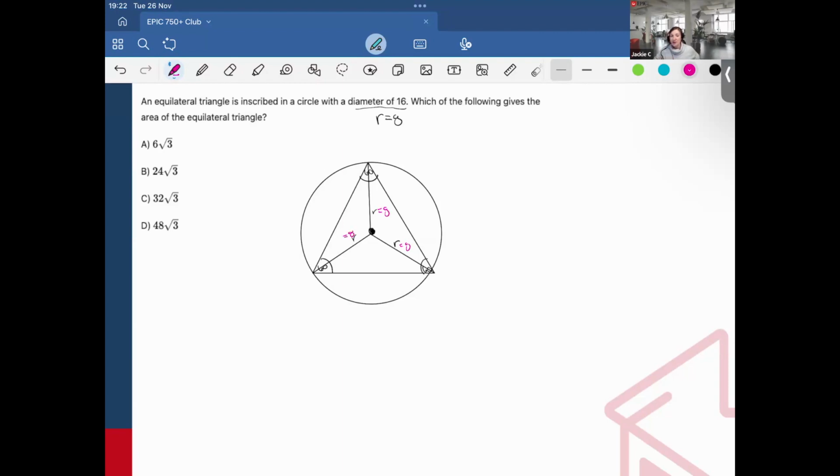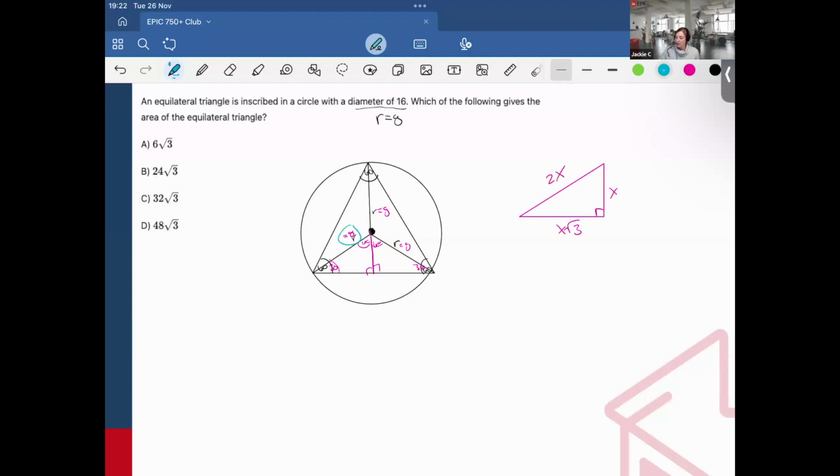Okay, and then another amazing thing to know is that I've just created two 30, 60, 90 triangles. So this would be 30 degrees, this would be 60, this would be 60, and this would be 30. Friendly reminder, in our 30, 60, 90 triangles, this would be x root 3, the height would be x, and this is 2x.